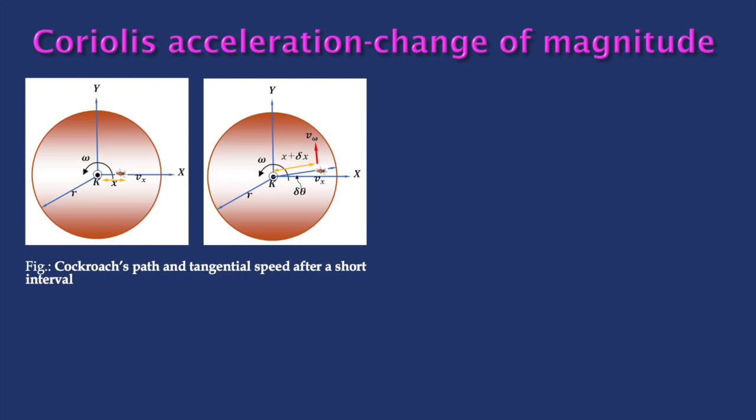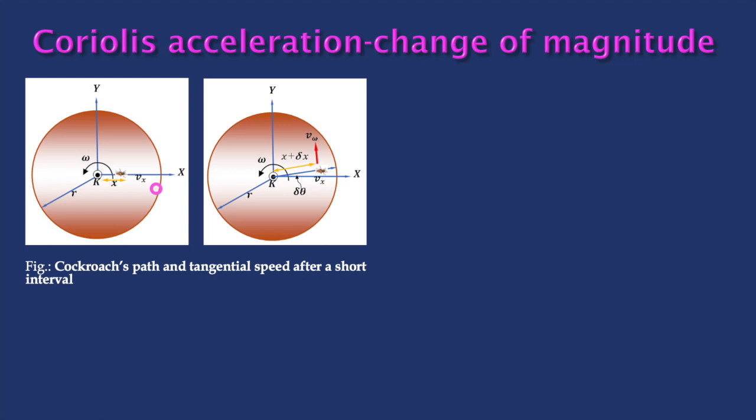Now we have to find out the magnitude of this Coriolis component of acceleration from the example of this cockroach moving. The cockroach is moving in this direction. So at a particular instant, it traverses a distance of x, and the disk is rotating with omega.